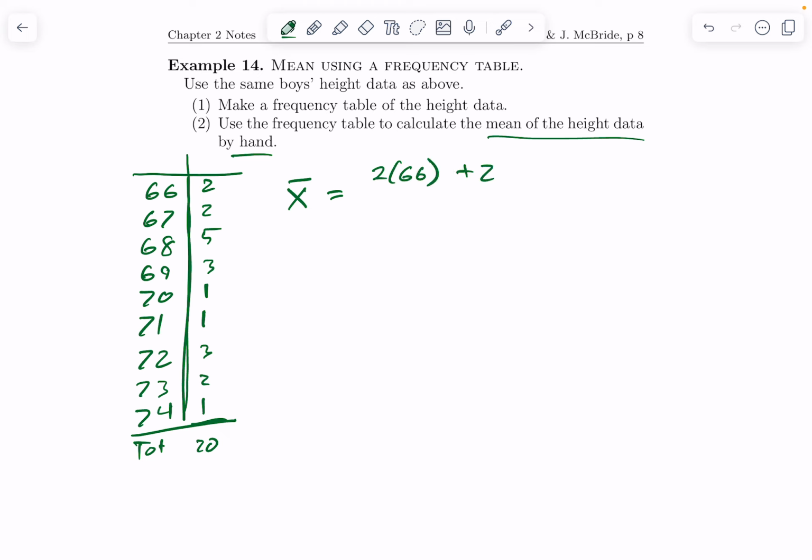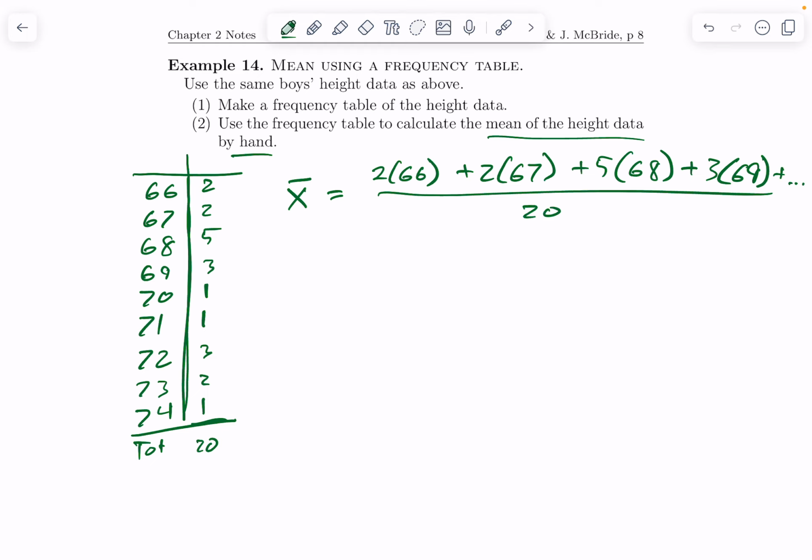Plus 67 appears twice, so I could do that. 68 appears 5 times, so I'm going to multiply that one by 5. 69 appears 3 times, and so on. And then I divide by the total, which is 20. If I put that in my calculator, it'll give me the same thing. 1390 over 20 equals 69.5.